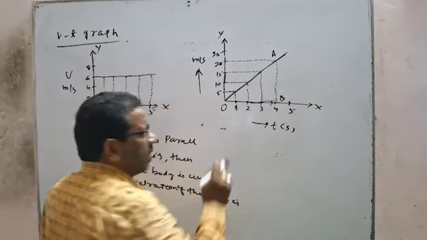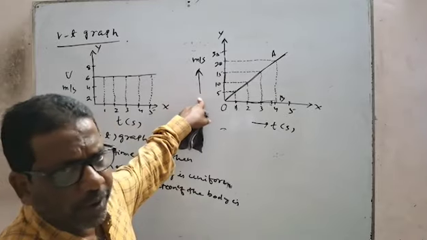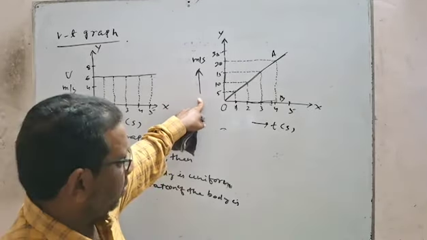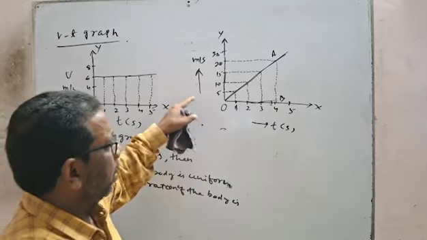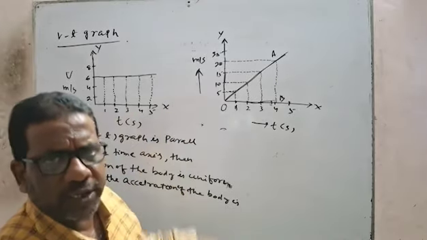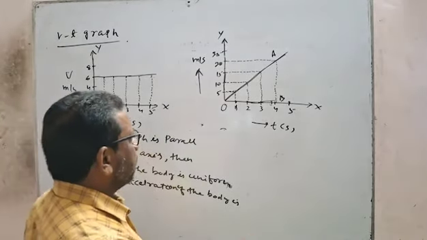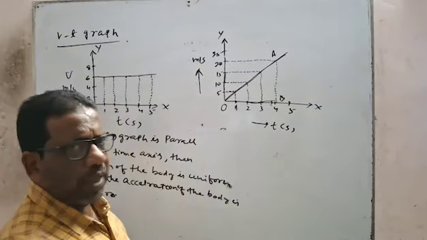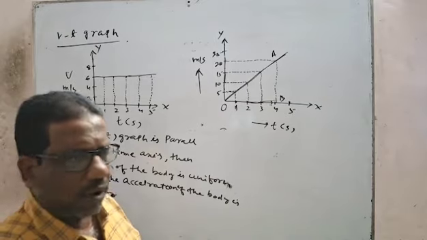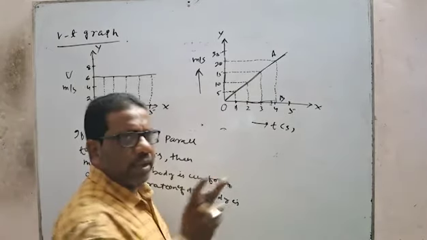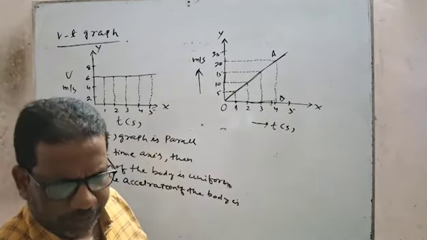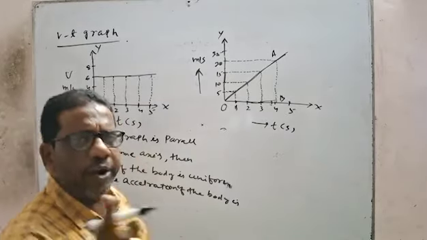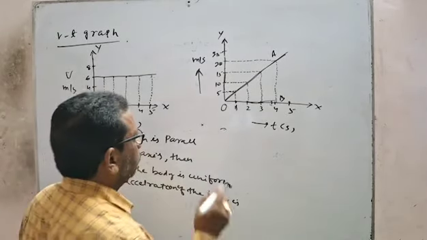Since the speed of the body does not remain constant, the body doesn't cover equal distance in equal intervals of time. If the body doesn't cover equal distance in equal intervals of time, then that is non-uniform motion.